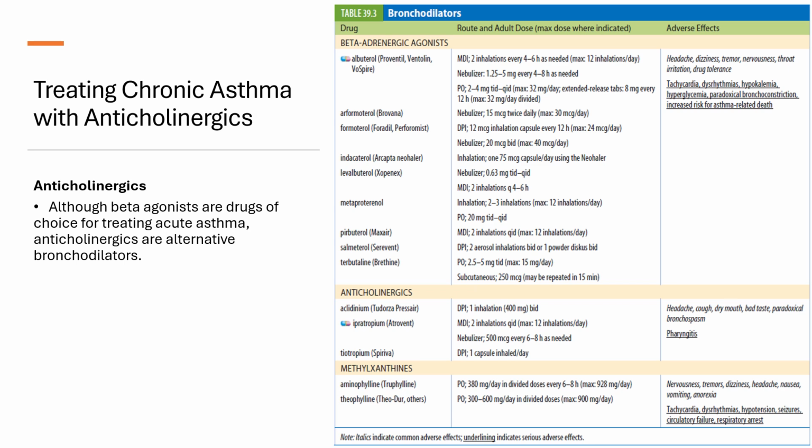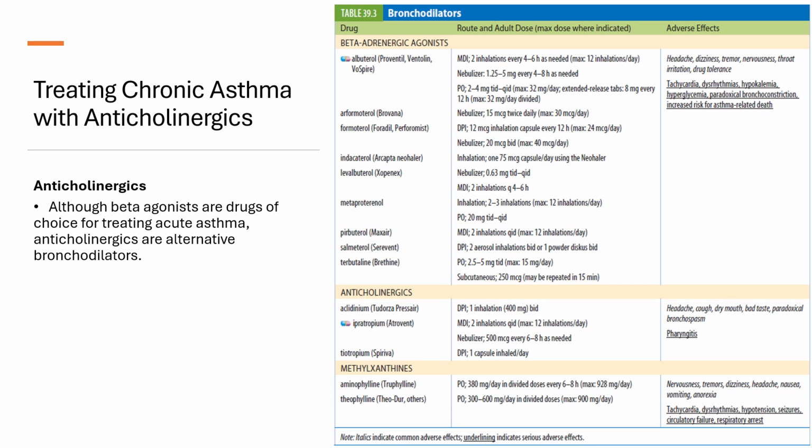Although anticholinergics such as atropine have been available for many decades, drugs in this class exhibit many adverse effects when administered by the oral or parenteral routes.